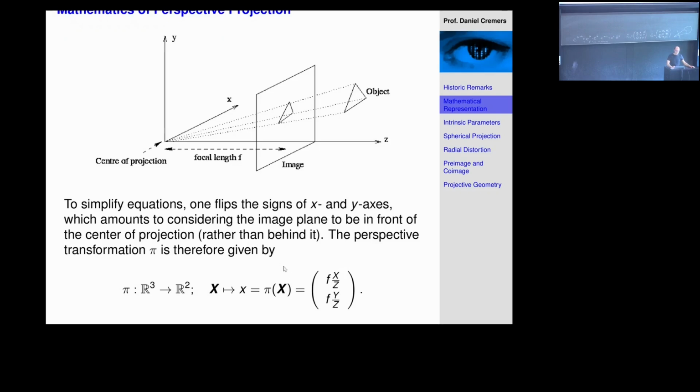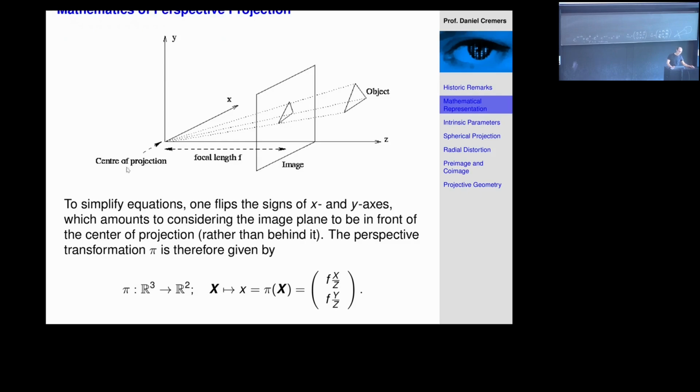Here x, y, z are the coordinates of this 3D point, large X. The bold X is a 3D vector, and the projection projects this 3D vector, a point here on the object, onto a point on the screen.